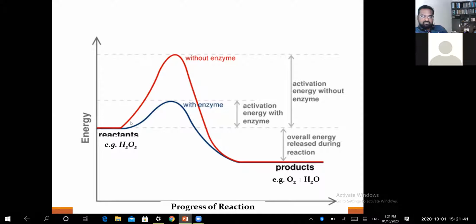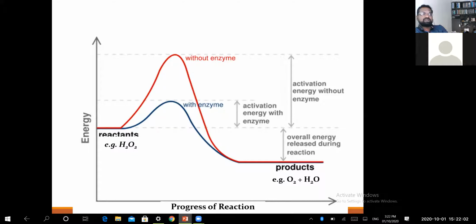Now, you could consider this thing, activation energy, as if you have to move something from one place to another place, what you do, you either push or pull that object. So when you are actually pulling or pushing that object, you are exhausting a certain amount of energy.